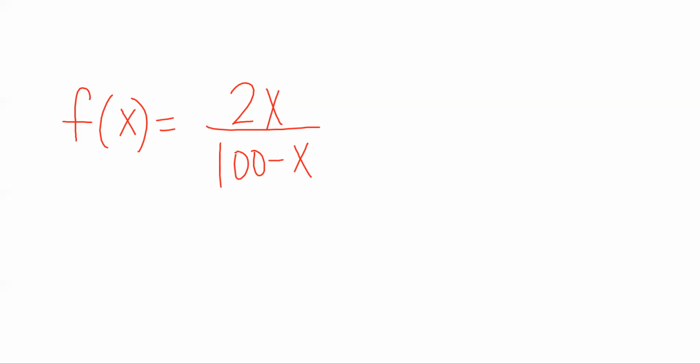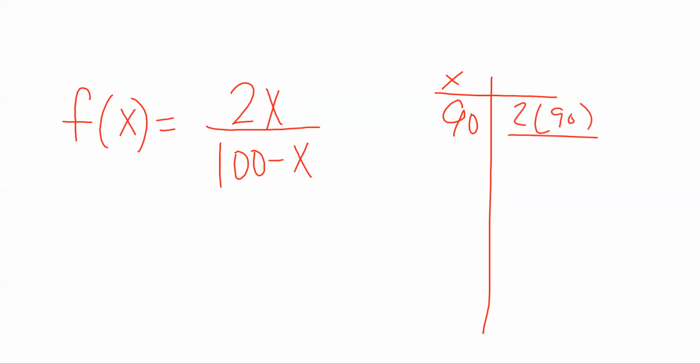So what you need to realize is you could typically plug in x values and not have a big problem. If you plug in 90 and you're looking for f of 90, that's just going to be 2 times 90 over 100 minus 90. The answer won't be the nicest number, but it exists.